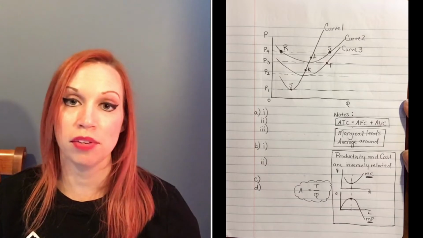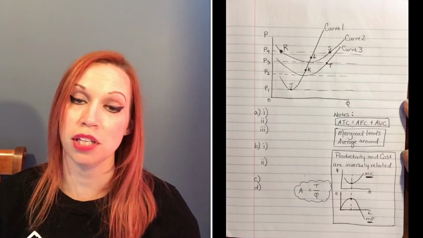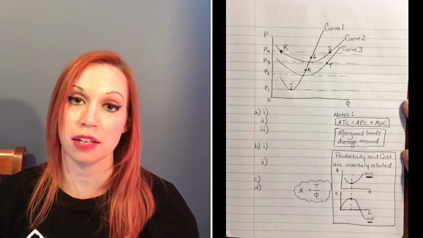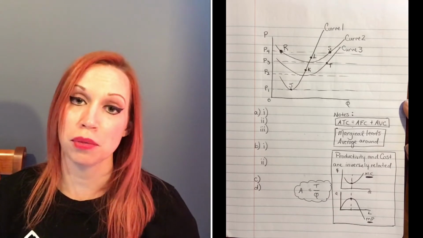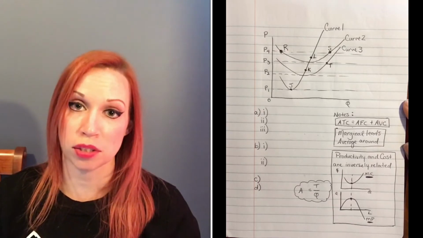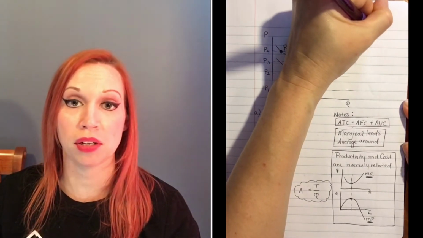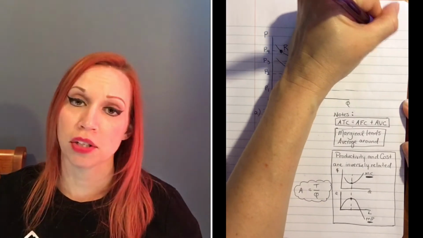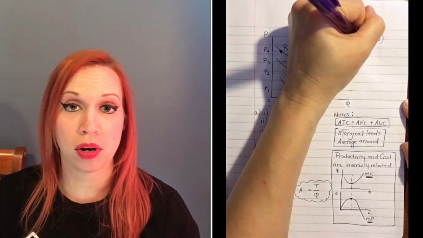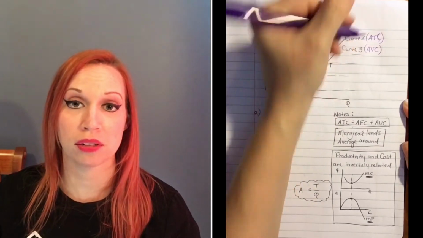So the picture we have here should look really familiar to you, even if you haven't looked at anything microeconomics since the fall. You should remember our U-shaped cost curves. We have our U-shaped average total cost curve, that's going to be curve 2. We have our U-shaped average variable cost curve beneath it, that's going to be curve 3.